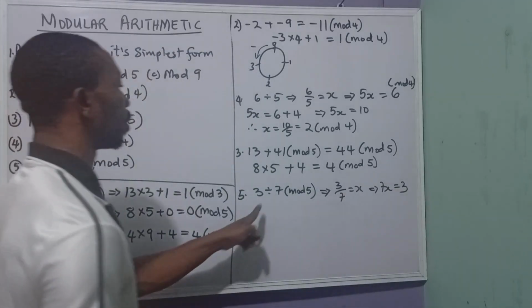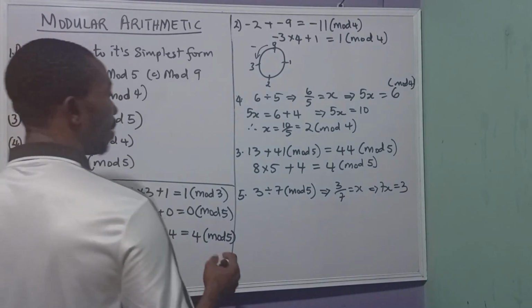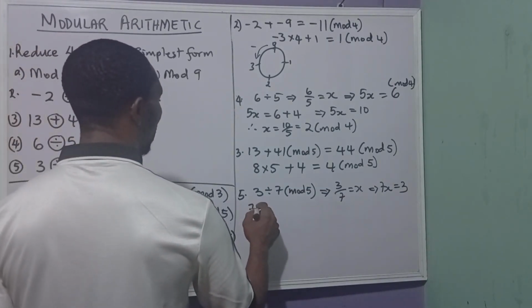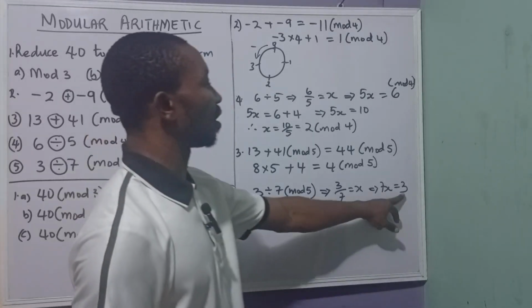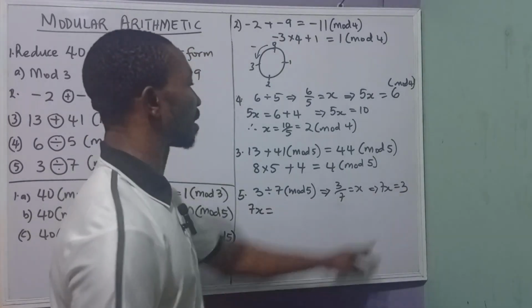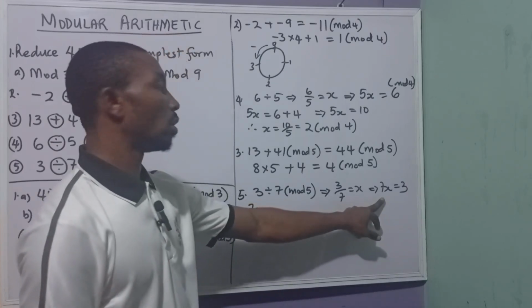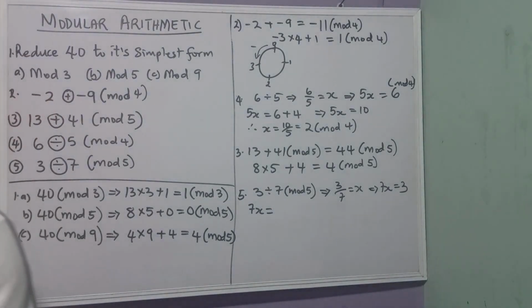Now, since we are working in mod 5, we add 5 to this. Now we have 7x equals 8. Can 7 divide 8? Yes, it will divide it, but we'll have a remainder of 1. But we are looking at, can we get a perfect number that 7 can divide in this?